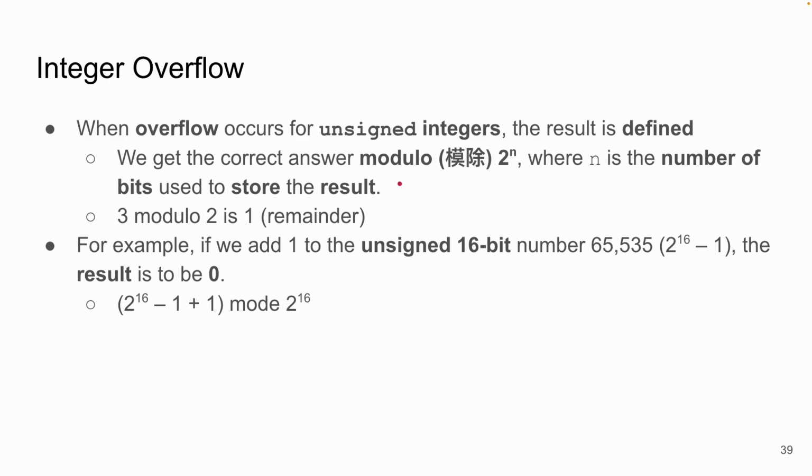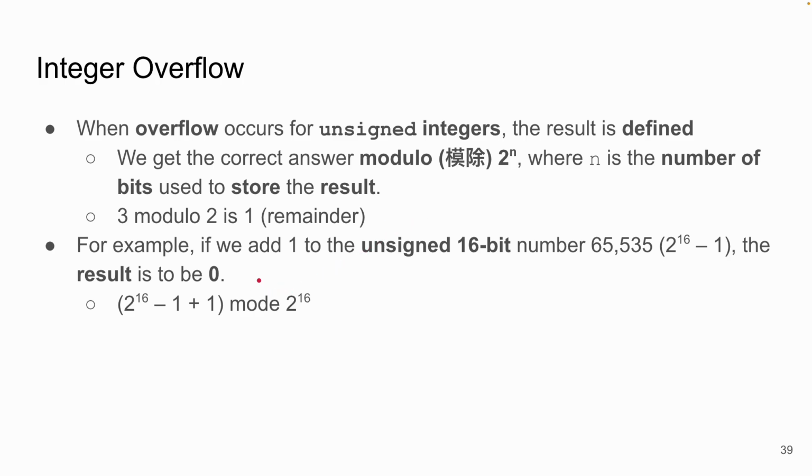To remind you how to calculate the modulo, modulo in Chinese is 除模. If we calculate 3 modulo 2, the result is 1. So it is the remainder.